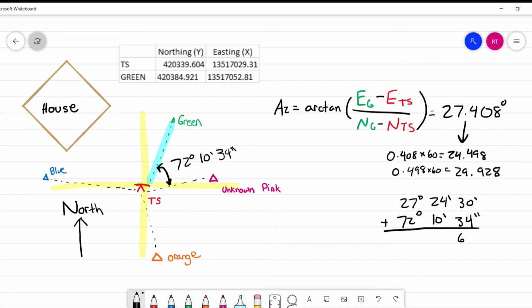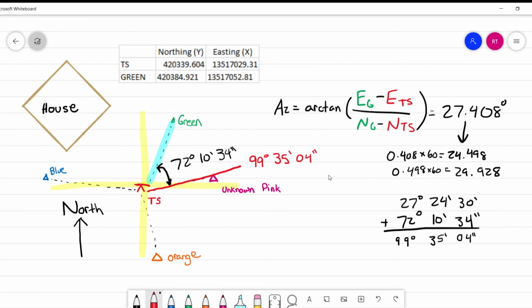We'll have 64 seconds, we will have 34 minutes, we will have 99 degrees. Can't have more than 60 seconds, so this will become 4 seconds, and this will become 35 minutes. So now we have the azimuth to this line, 99 degrees, 35 minutes, and 04 seconds.